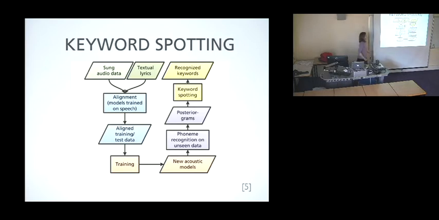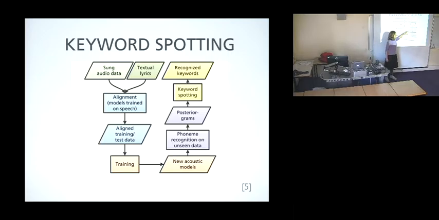So again, just to give you an idea of the whole process: you've basically seen this diagram up to here. If I'm using my DAMP data set, I have my audio data, I have the textual lyrics, I align those and then train new models on this.